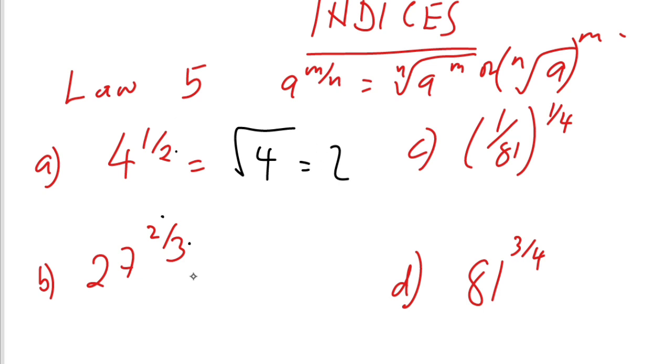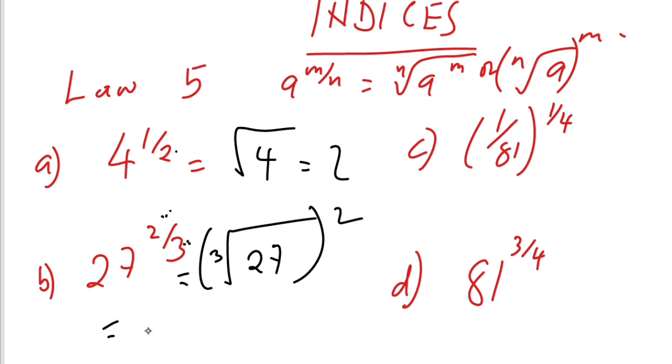This one is the same situation, but for this one you cube root first. The 3 is the root itself. So cube root of 27, then you square the whole thing because of the 2 which is here. The cube root of 27 is 3, and if you square it, it gives you 9.